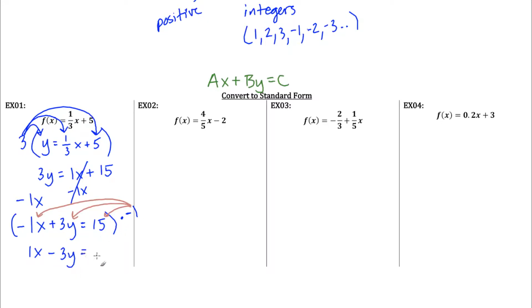And a negative times a positive is a negative 15. So remember, we can technically box it here, but we don't usually leave it like this, so we just go x minus 3y equals negative 15. There we go.